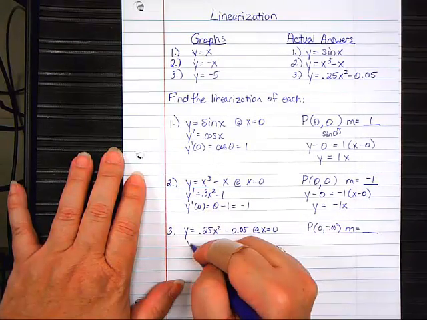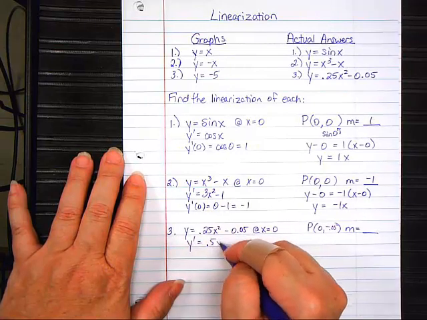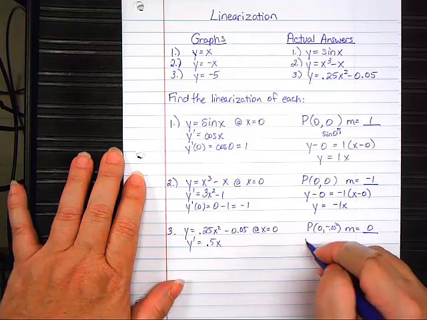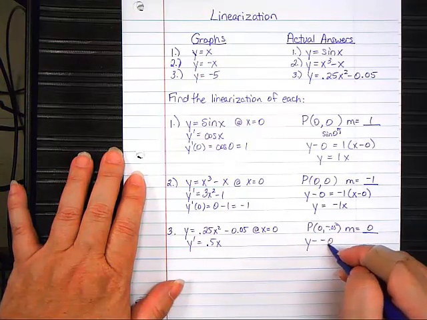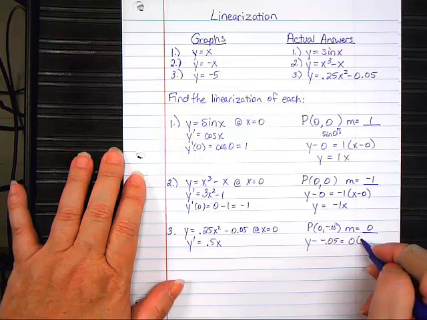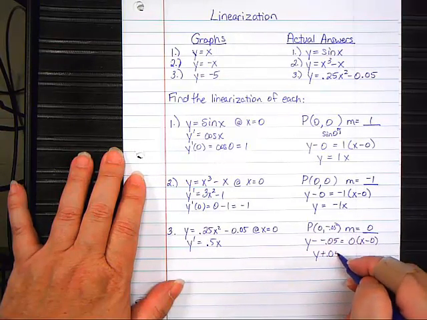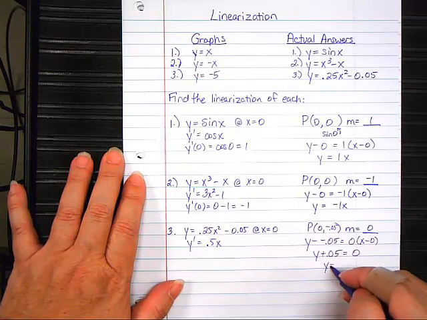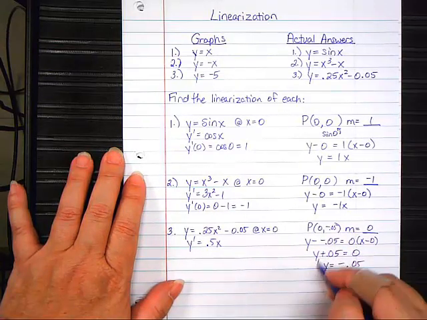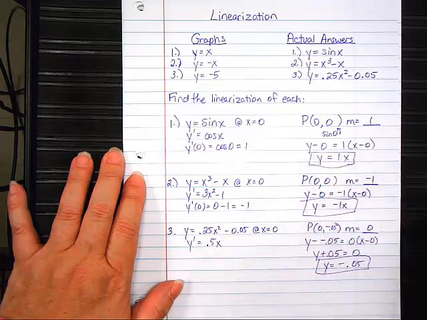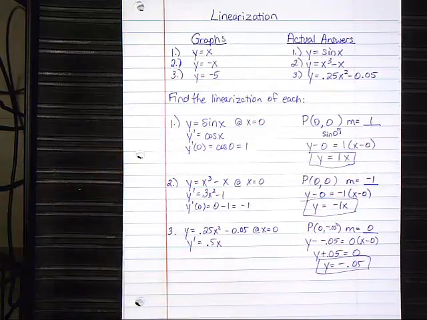The derivative is 0.5x. When you plug in 0, you get 0. y plus 0.05 equals 0. y equals negative 0.05. There's that one. There's that one. There's that one. Easy enough, right?